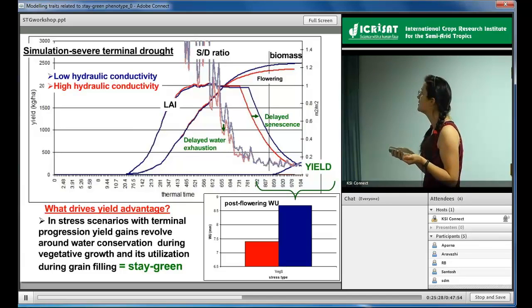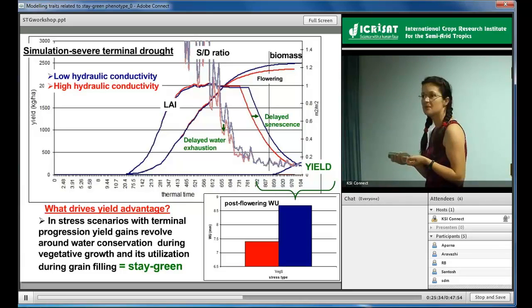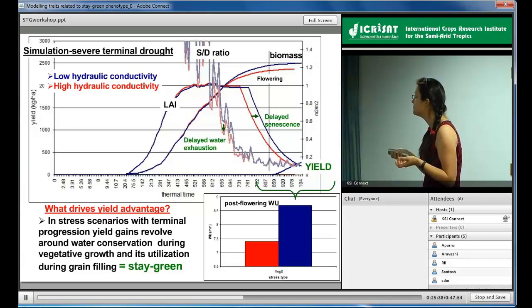So our crop progressively exhausts its water resources, and you can see it happens in a different way in the blue genotype compared to the red genotype. The red genotype exhausts its water even during the vegetative growth, and then it crashes earlier compared to the blue genotype.